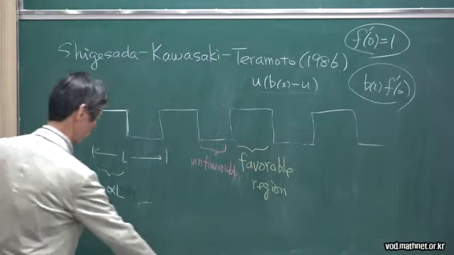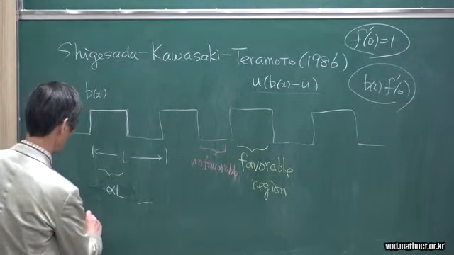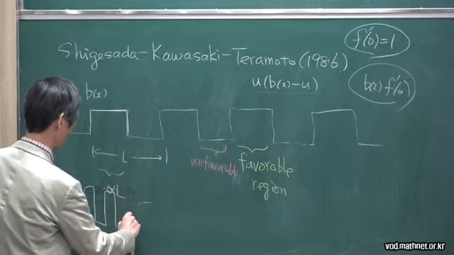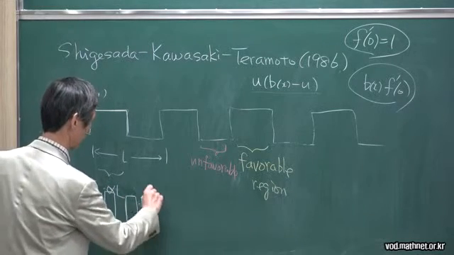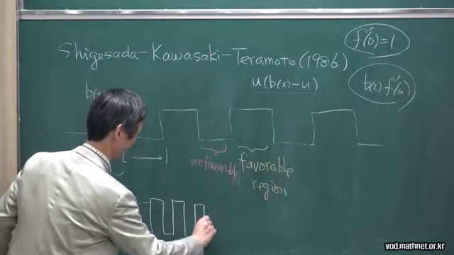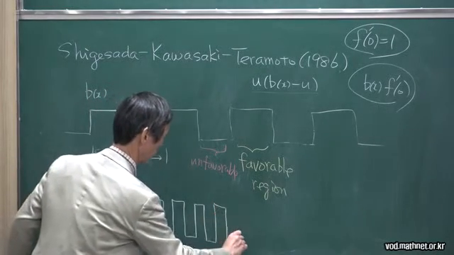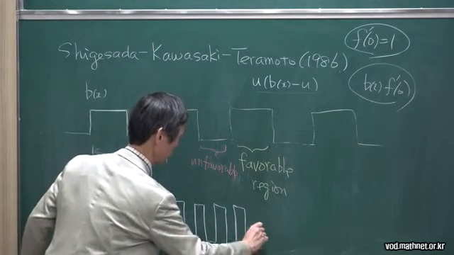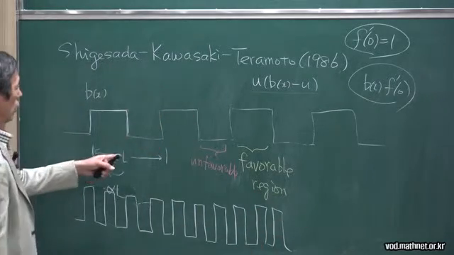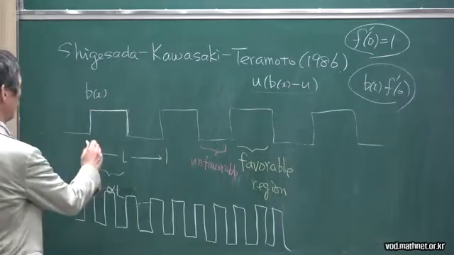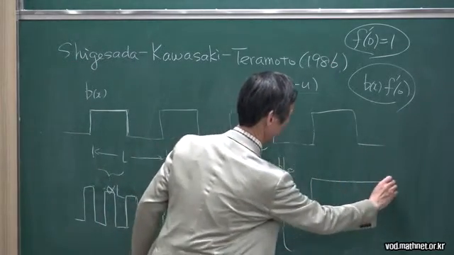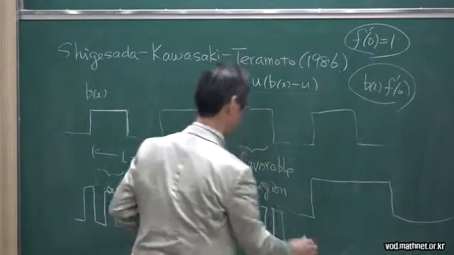By which I mean, suppose that favorable and unfavorable regions just repeat in a very short period like this, or an intermediate period, or a very large period, but always with the same alpha.